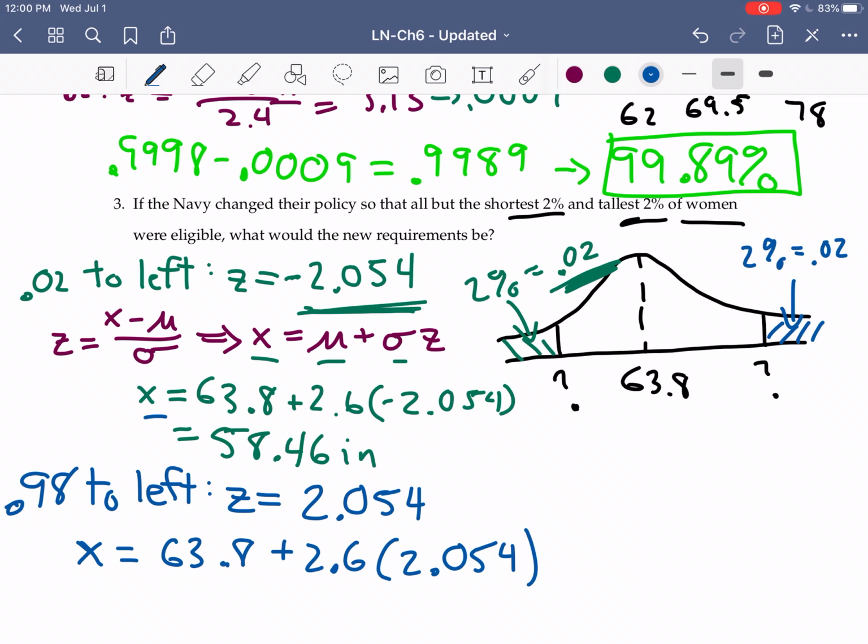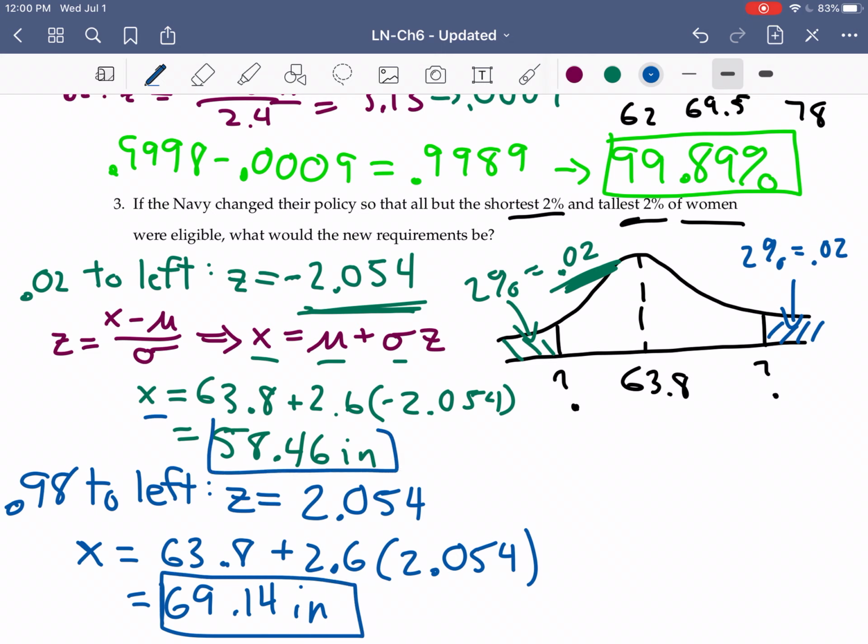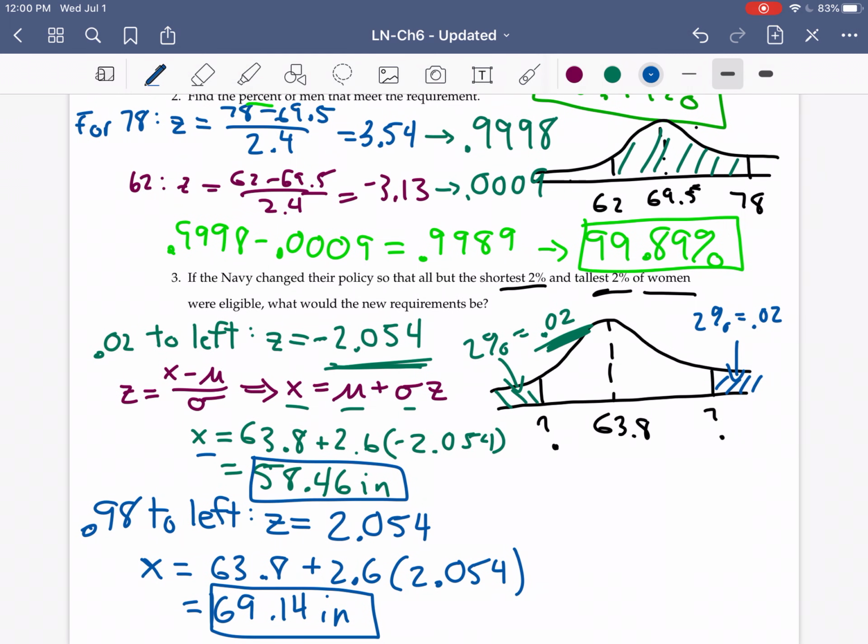And we get something like 69.14 inches. And so our new requirements would be the heights should be between 58.46 inches and 69.14 inches.